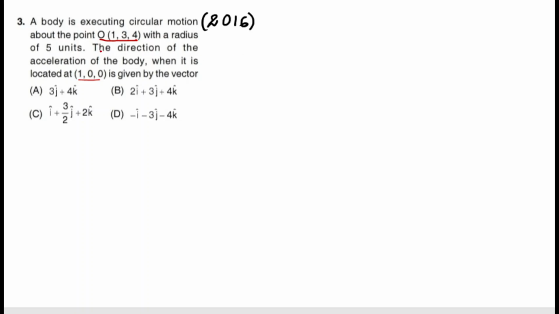Now we want to find the direction of the acceleration of the body. The direction of the acceleration of the body can be found out by the position vector, that is the OP vector. How to find the OP vector? That is O vector minus P vector. They have given the O, so O is 1 comma 3 comma 4.